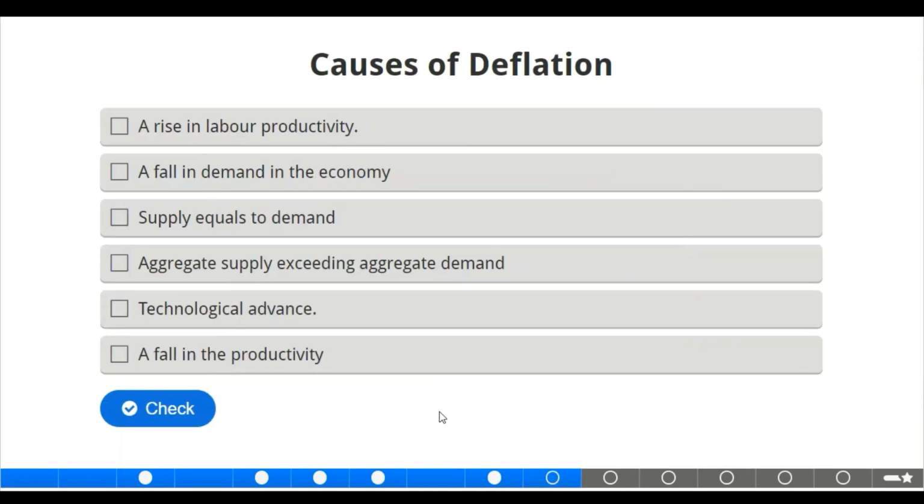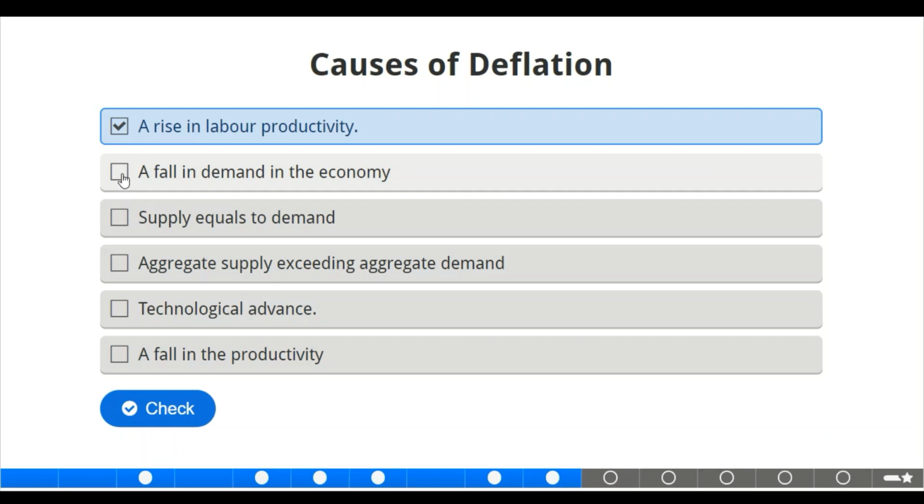Moving to the next slide, we now have the causes of deflation. What do we think can cause deflation in an economy? Now we have a rise in labor productivity. Of course, a rise in labor productivity can cause deflation, and at the same time we also have a fall in demand in an economy.